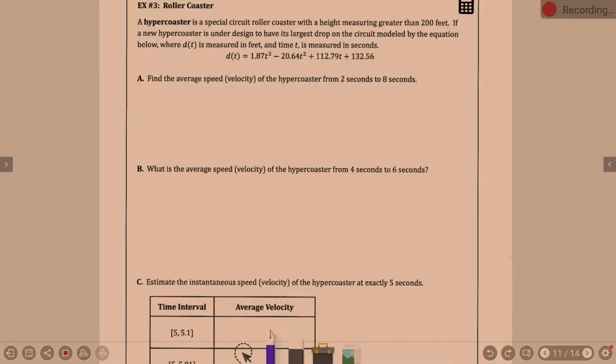Okay, so A asks us to find the average speed or velocity of the hypercoaster from 2 seconds to 8 seconds. Average speed. What are they asking for here? Average rate of change. So if we're trying to find the average rate of change from 2 seconds to 8 seconds, what are we going to set up?